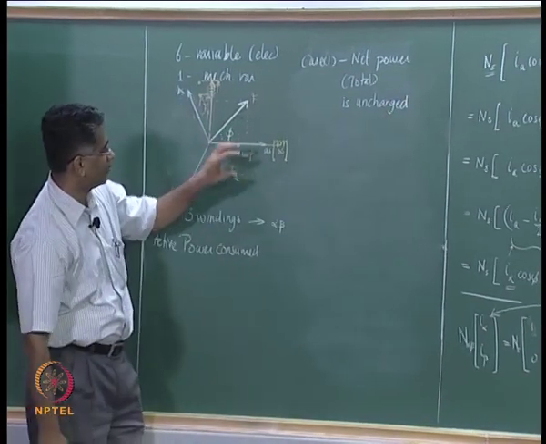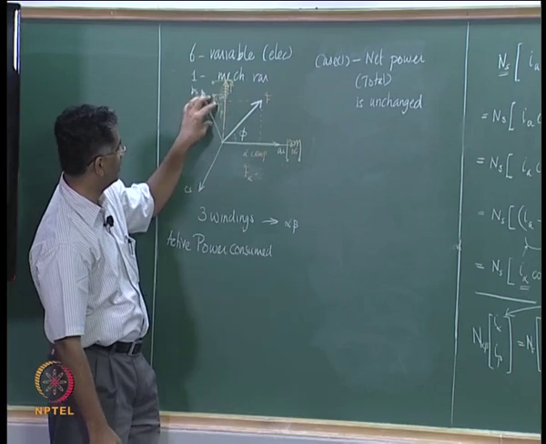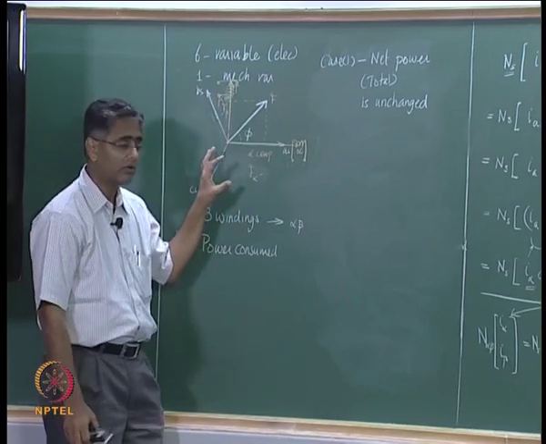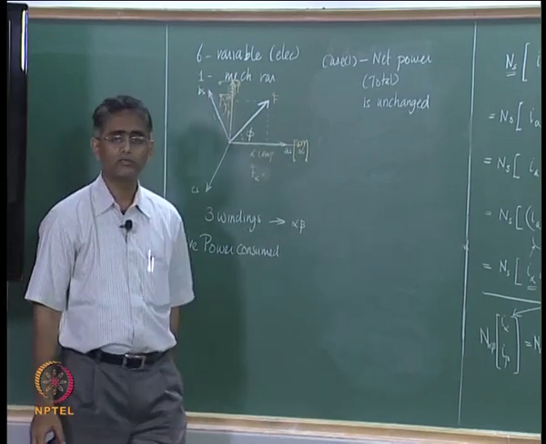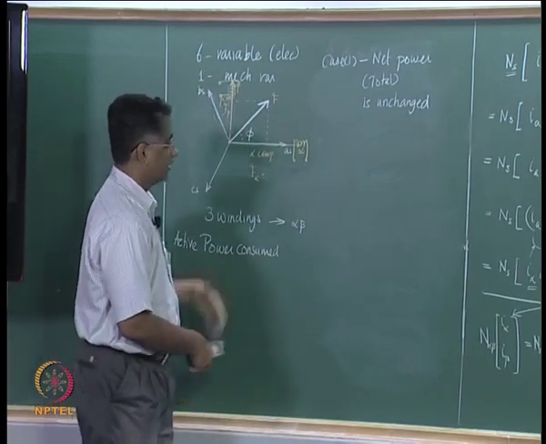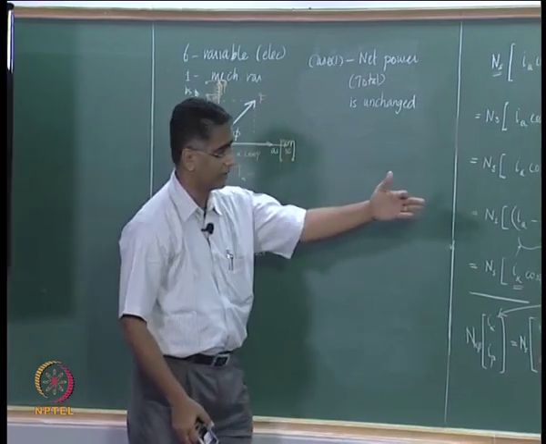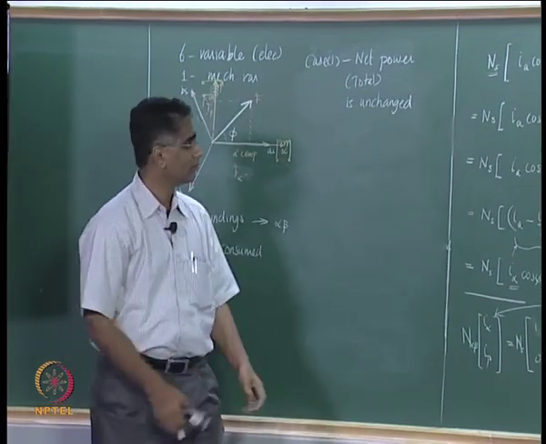Which means the net power taken by A phase, B phase and C phase together must now be equal to the net power drawn by alpha and beta which we have. And now of course there is one more variable, 0 phase also.